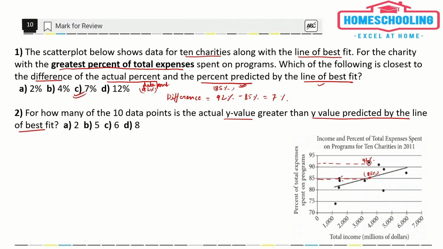So we have 1, 2, 3, 4, 5. So we have 5 data points, because if we take this point here on the line of best fit, it is 85%, and the actual y value was 92%. So all the data points above the line of best fit will have actual y value greater than the y value predicted by the line of best fit. So we have 5 data points. So option B is your correct answer.